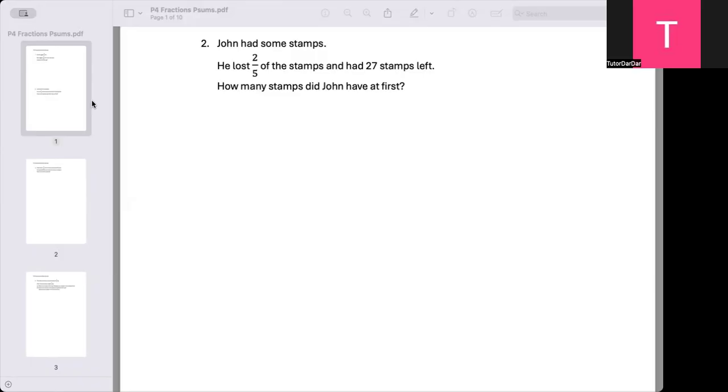John had some stamps. That means some stamps, this is the total number of stamps. This is total. He lost 2/5 of the stamps and had 27 stamps left. In this fraction, 2/5 of the stamps means this 5 will be the total. This 2 unit is the one he lost. So, since we know the total is 5, we will be drawing 5 units.